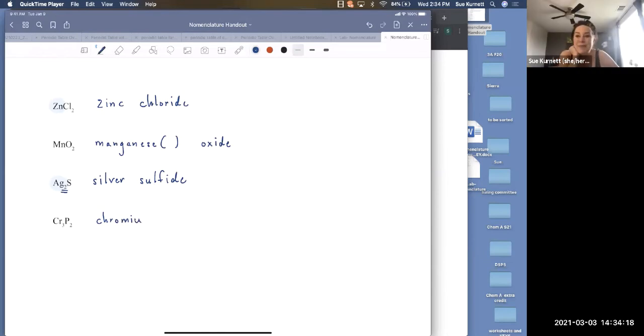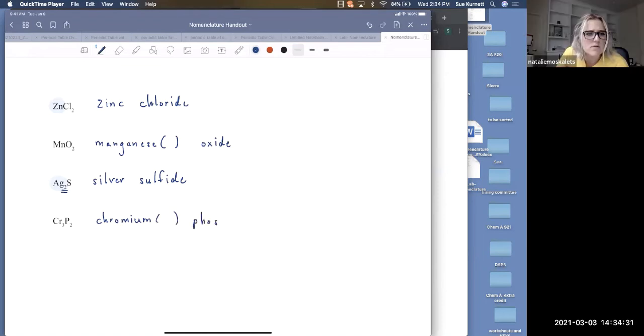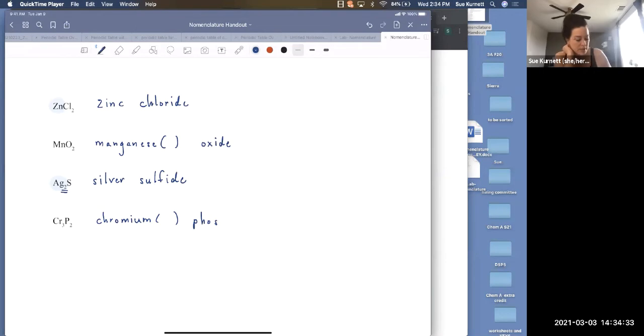No, metals have to be positive. I love that you're talking to me. Metals have to be positive. So look at the oxide. What's the charge on the oxide? -2. Okay, and how many oxides are there? There's 2.